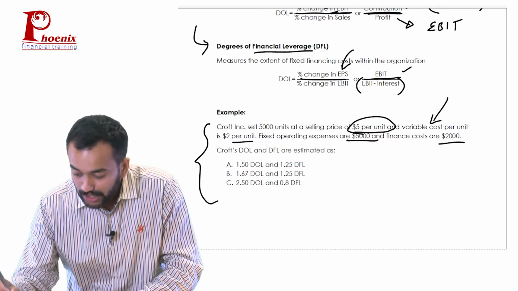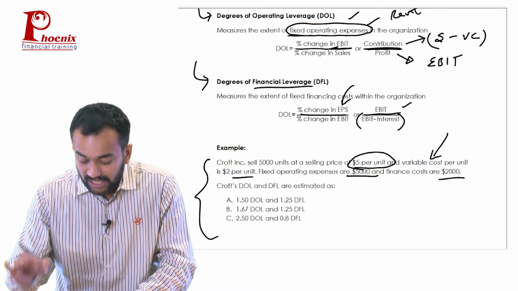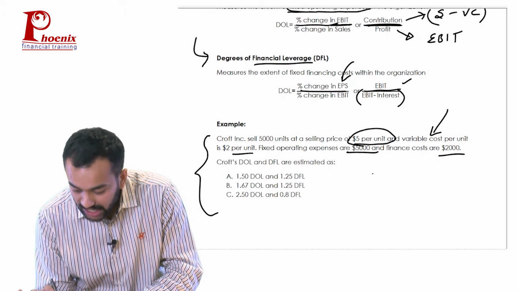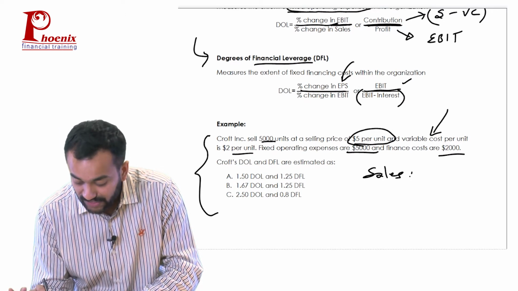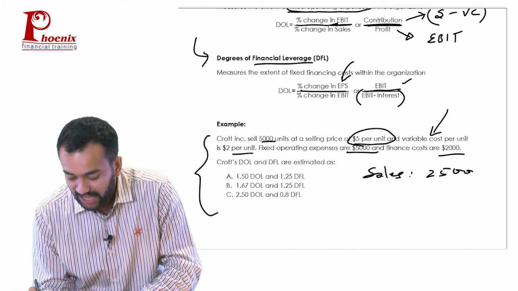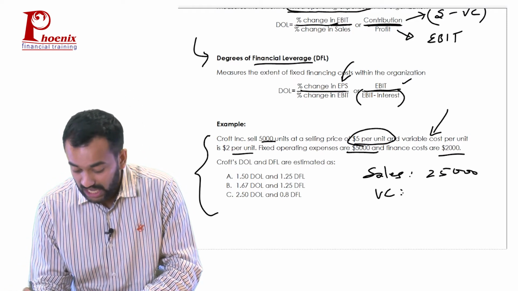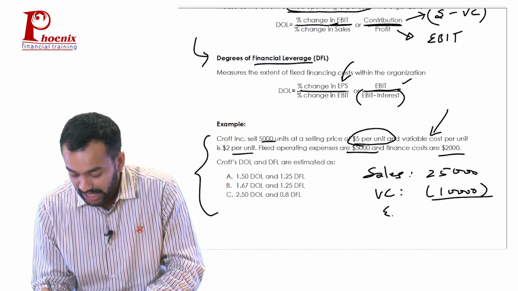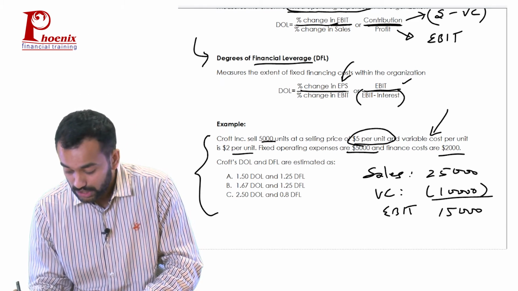So, let's use these two formulas, the contribution over your EBIT and the earnings before interest and tax over your EBT. Now, if we calculate the sales here, it comes out to 5,000 times 5, that's $25,000. The variable cost is 2 times 5,000, which is 10,000, which therefore means the contribution is $15,000.